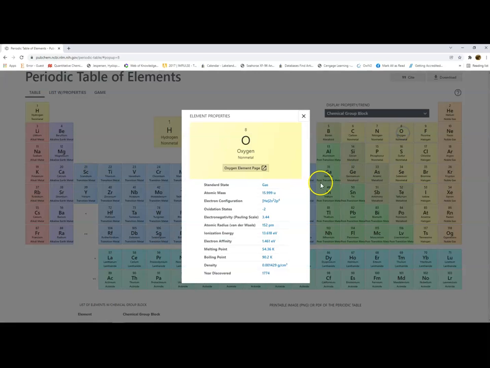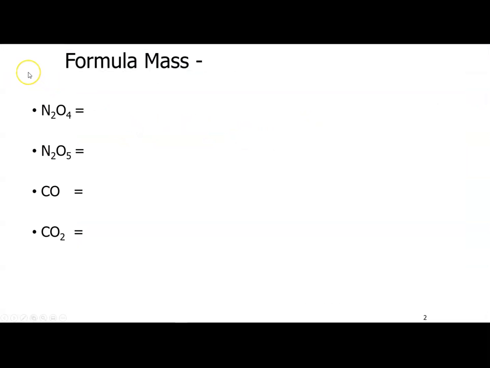So to do the formula mass, in that first example, we had nitrogen, which was 14.007. We had an oxygen, which is 15.999 units. So let me bring this back up. And we know that there are going to be two nitrogens. That means that we're going to have 2 times the 14.007 units that were shown on that last slide.